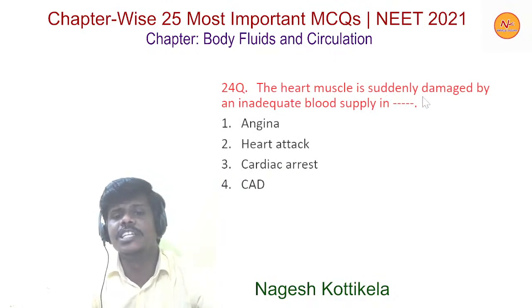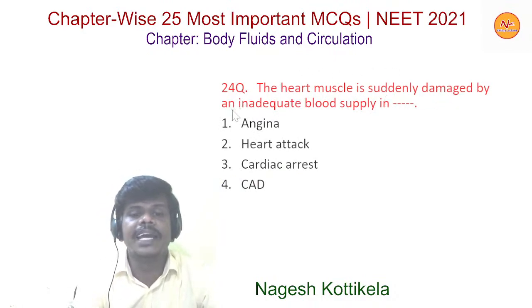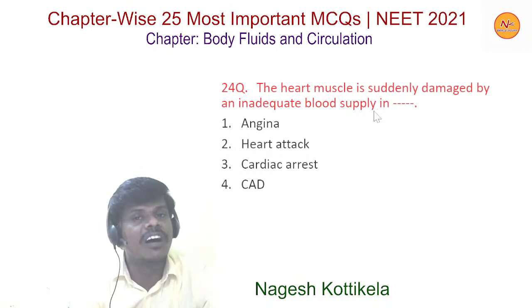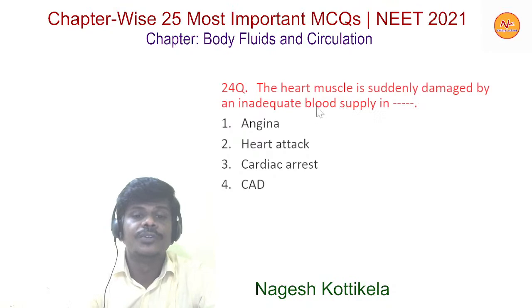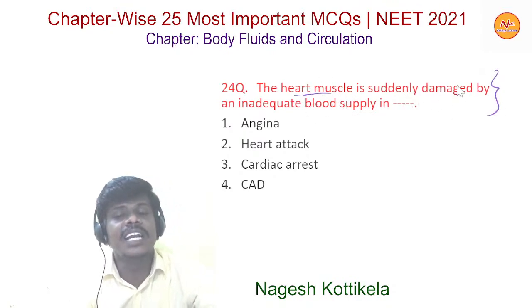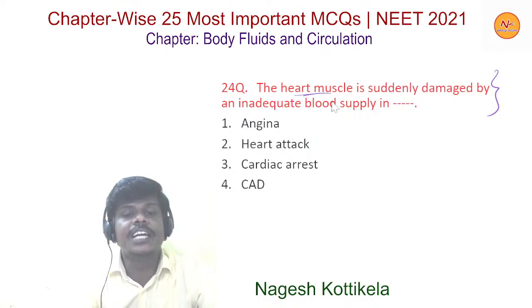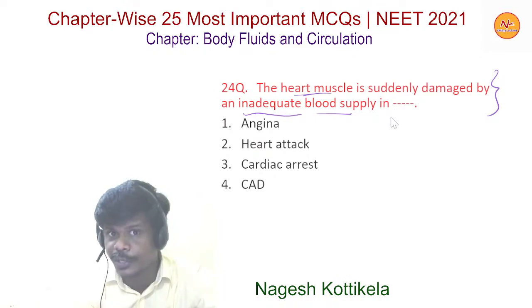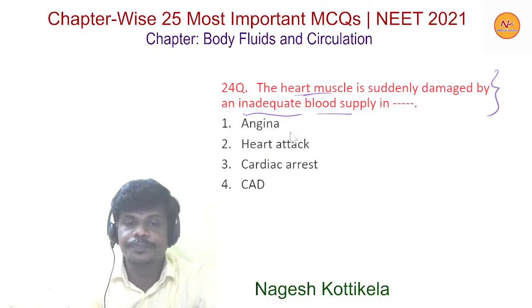The heart muscle is suddenly damaged by an inadequate blood supply in which disease condition? Okay, so here I repeat the question once again. The heart muscle is suddenly damaged by an inadequate blood supply in which disorder? Option 1, angina.